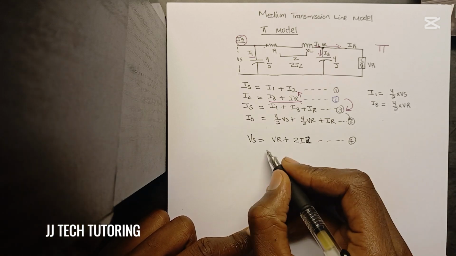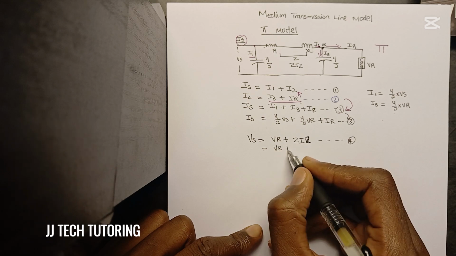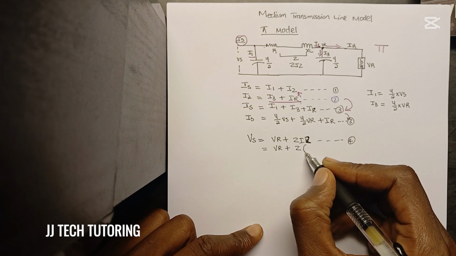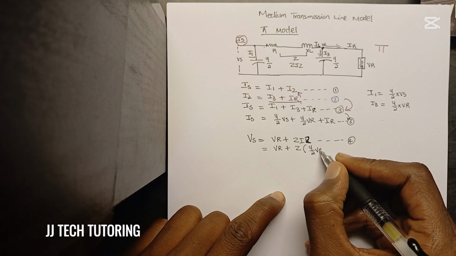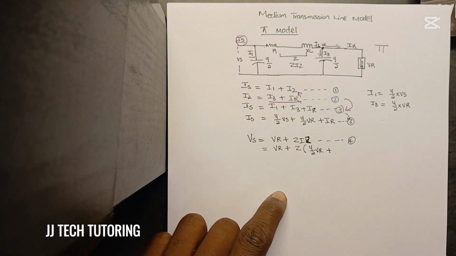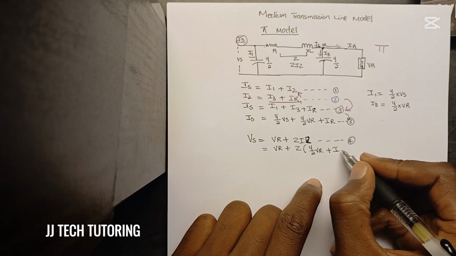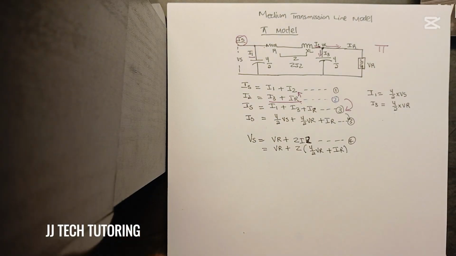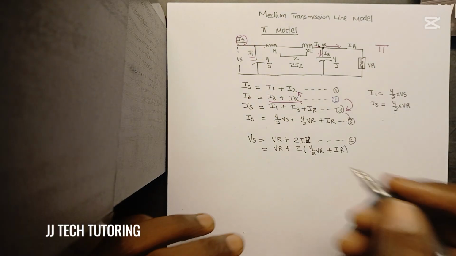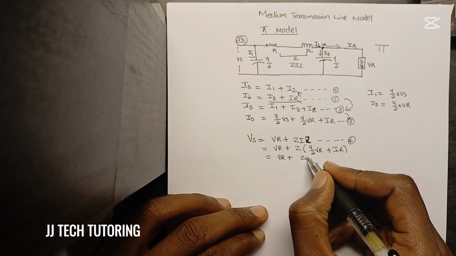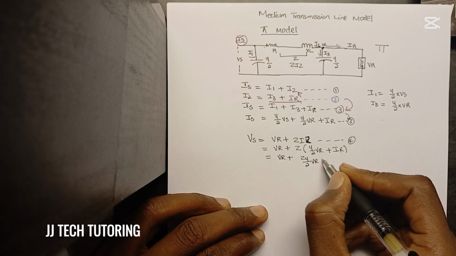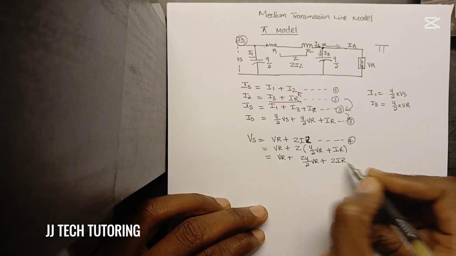So now we're going to say VR plus Z, open brackets, I3 is Y over 2 VR plus IR. Then from there, we are going to just simplify. VR plus ZY over 2 VR plus ZIR.